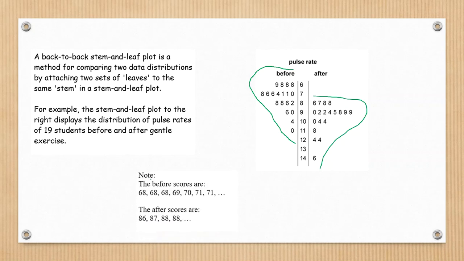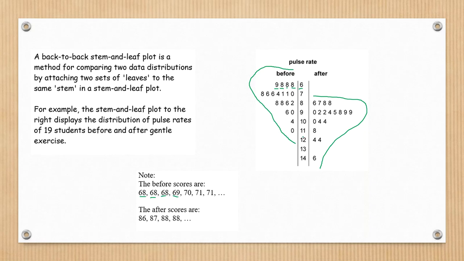So you'll see the scores for before are 68, so 6 and 8. When you put these two digits together, you get 68. Then there's another 68, another 68, and a 69. So just be mindful that the before scores operate that way.